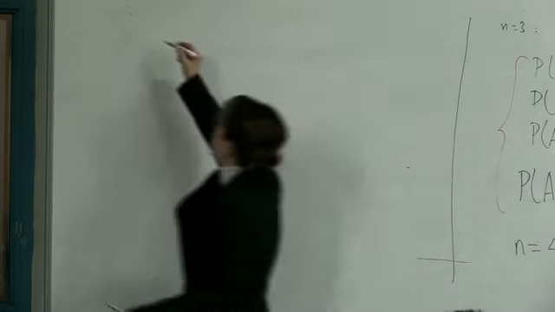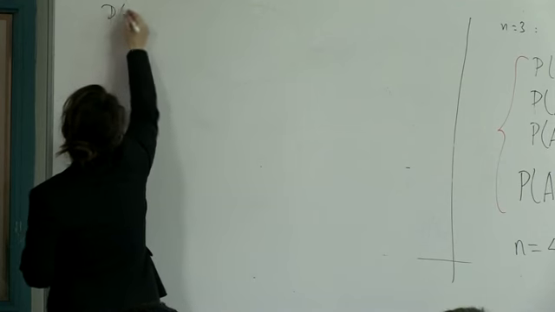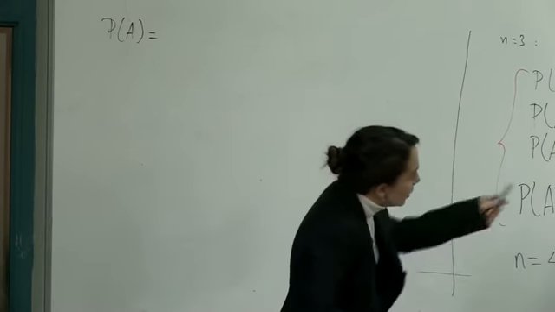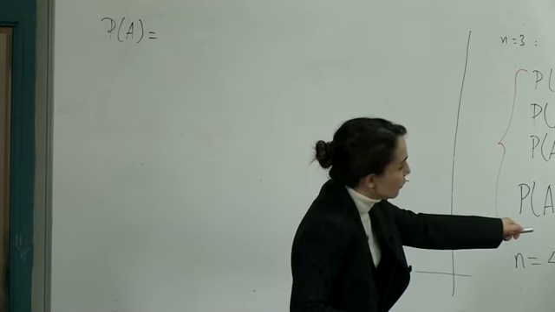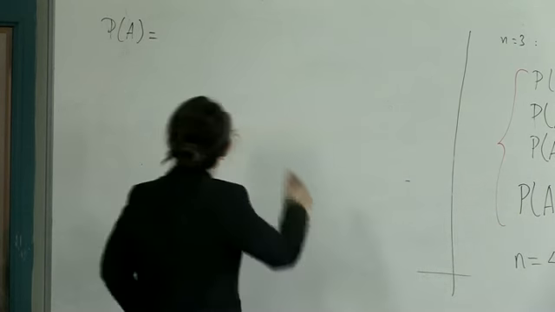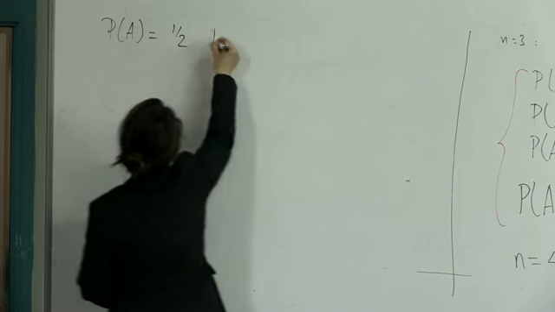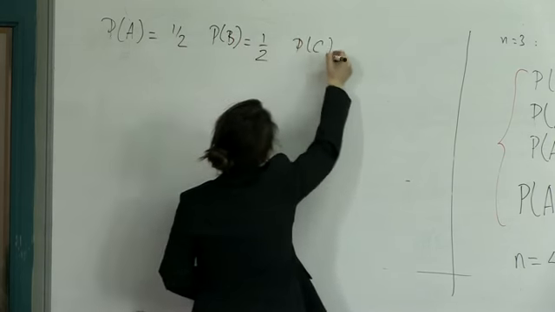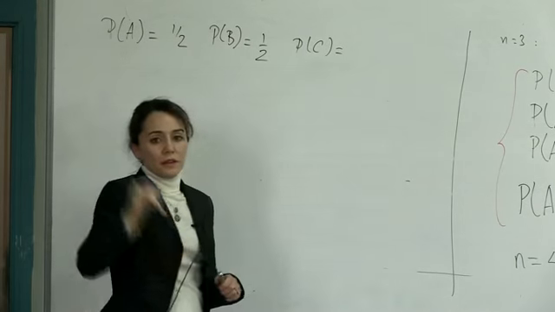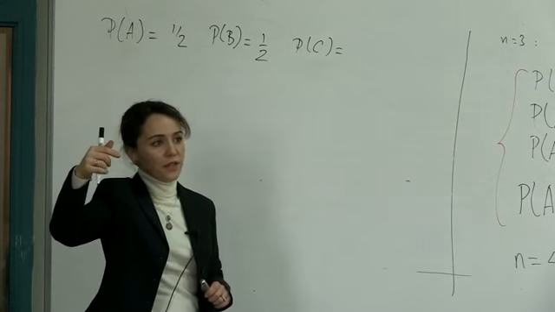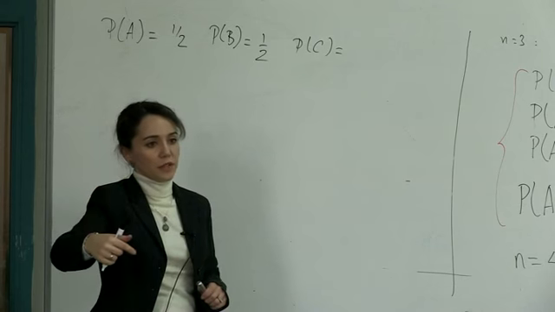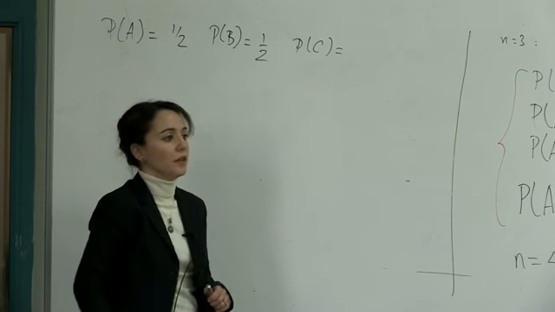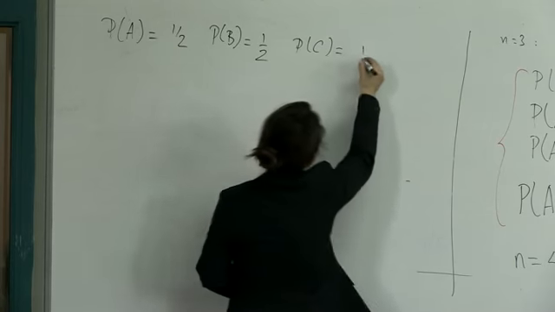Let's first write down the probabilities. P of A is, first toss is heads, 1/2. P of B is 1/2. P of C, I toss 2 coins and I want them to have the same outcome, either heads, heads or tails, tails. What's the probability? 1/2. Okay.